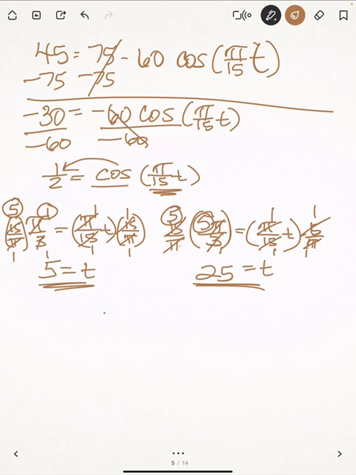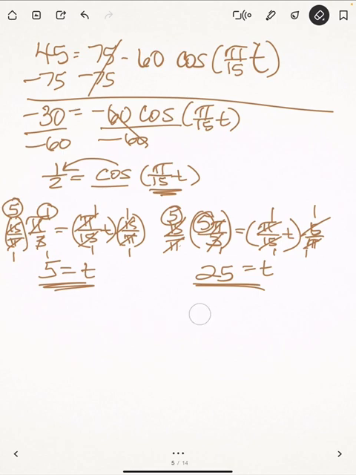What if I said 0 is less than or equal to t, which is less than or equal to 20? If we have that situation, we know that 5 is the only one that matches because 25 is greater than 20. So we can't use 25. Even though it's mathematically correct, in the context of what we're asked in the problem, we can only use one of the values. So you'll see that on the test as well.